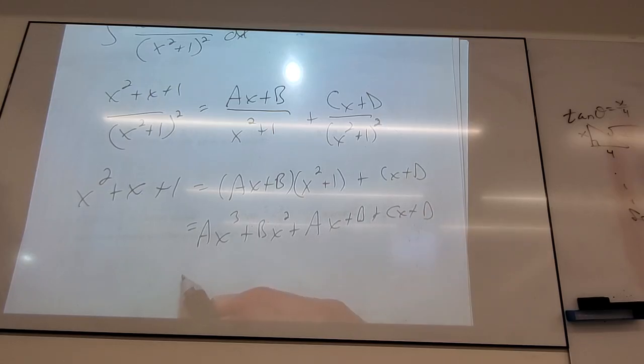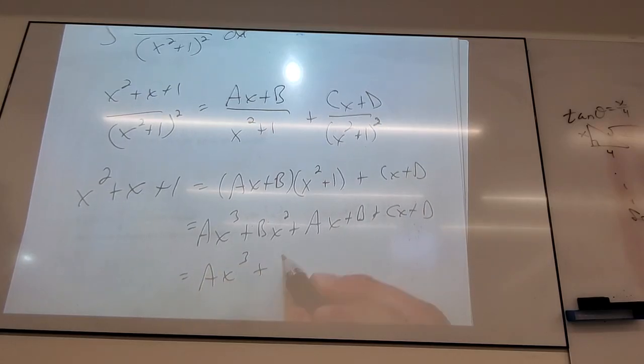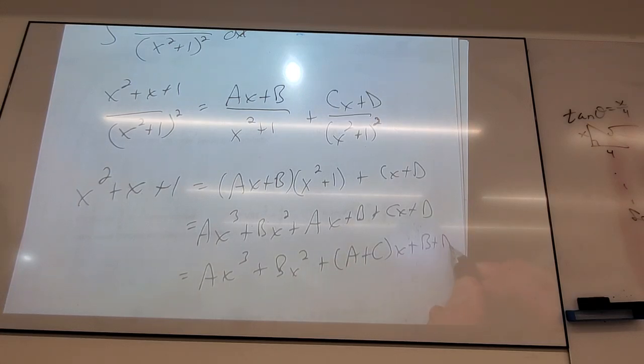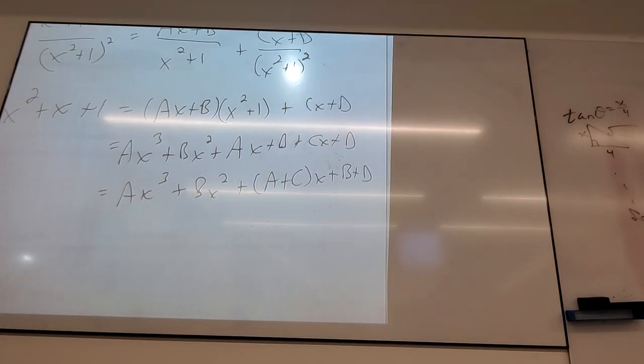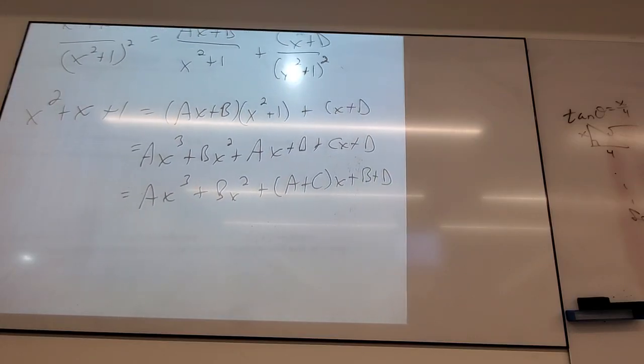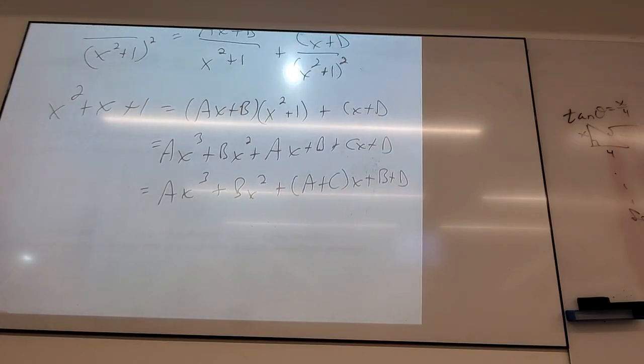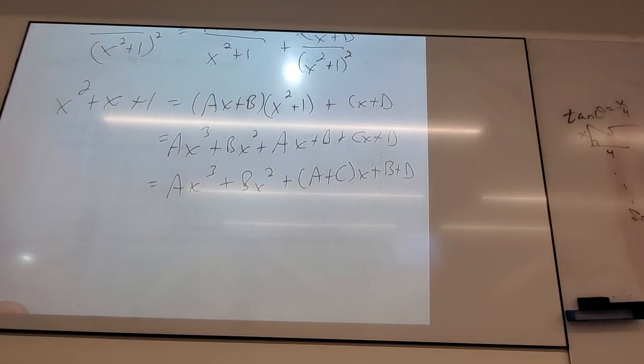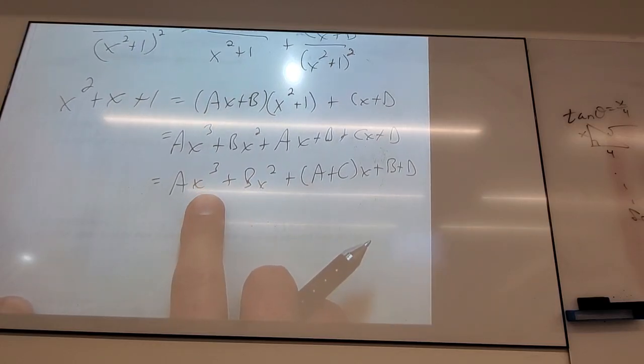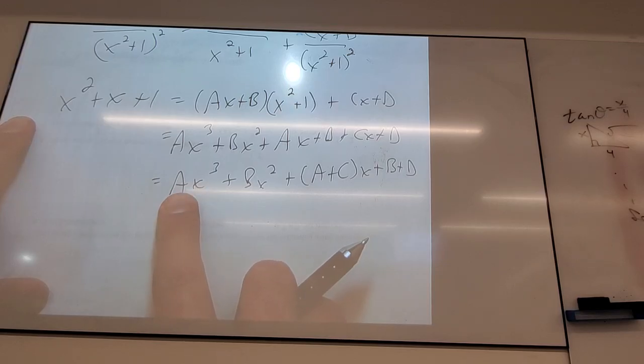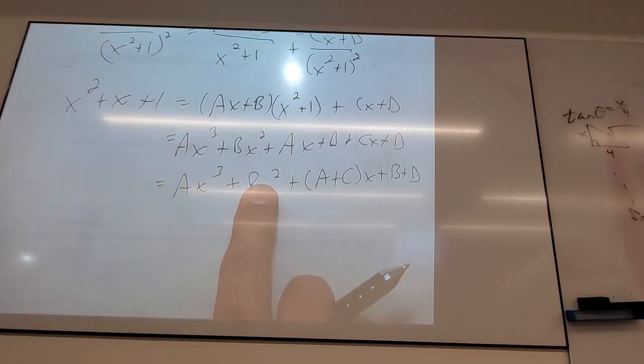And then if you want to, you can gather your like terms together like so. Do you see that? And now you can more easily equate your coefficients. What's the easiest thing to see there? A is 0 because there's x cubed on this side but none on that side, so A must be 0 to make this a true statement.